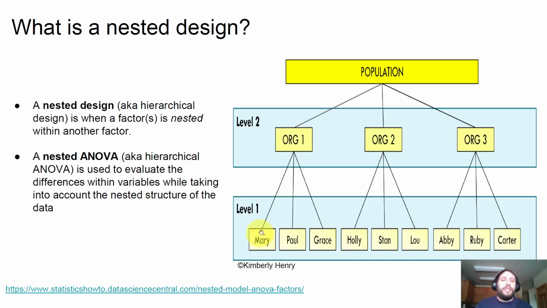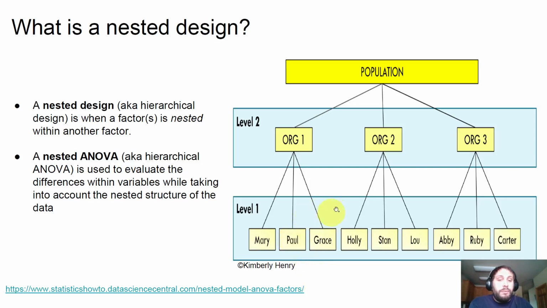So let's take a quick look at what this image is showing us. We have our population, but things get split up into three organizations. And within each organization, there's three different people. However, the people differ from one organization to the next. So those of you who maybe work in IO psychology, this is probably pretty essential if you wanted to compare organizations. You're probably going to be using nested structures quite often.